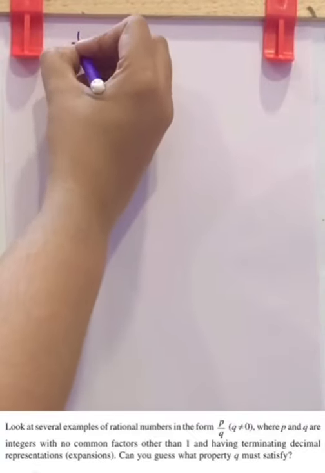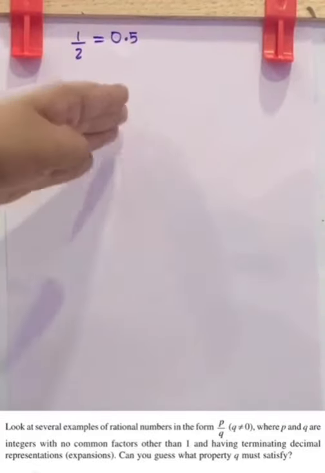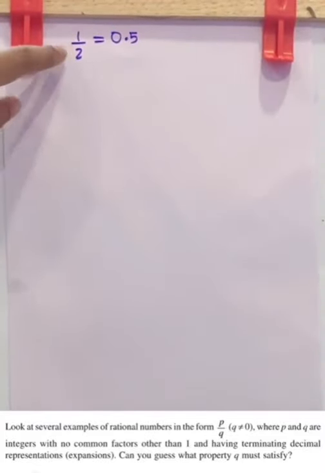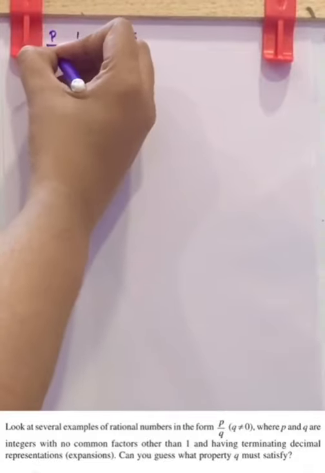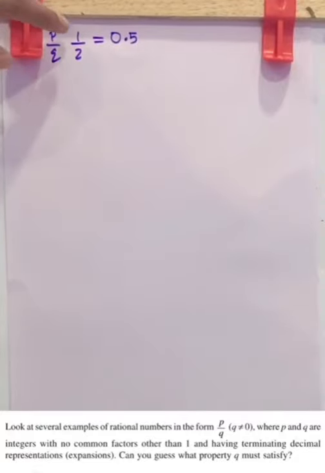Let us check some examples here with terminating decimals. That is 1 by 2. We got the answer 0.5, right? This is terminating. So what about the Q? This is P by Q form, and here P and Q have no common factors. That is in the least form, or you can say P and Q are co-primes.